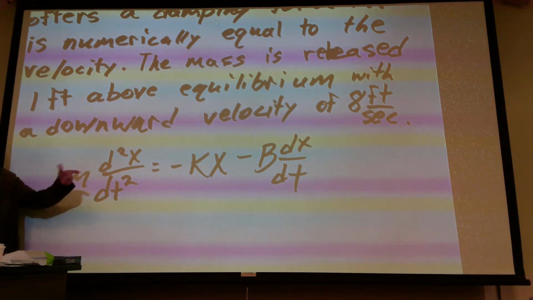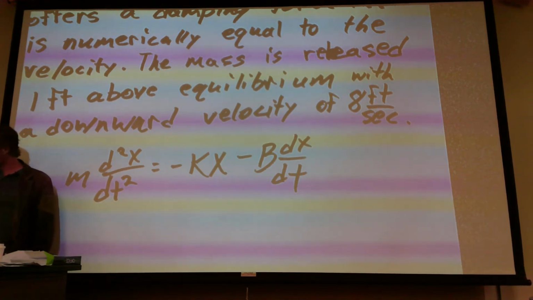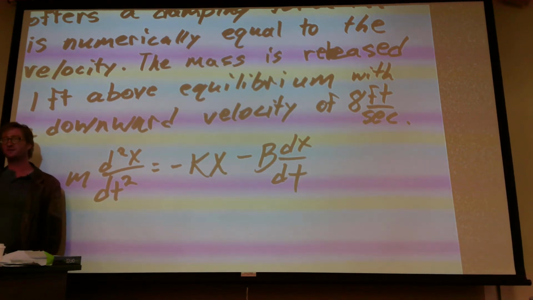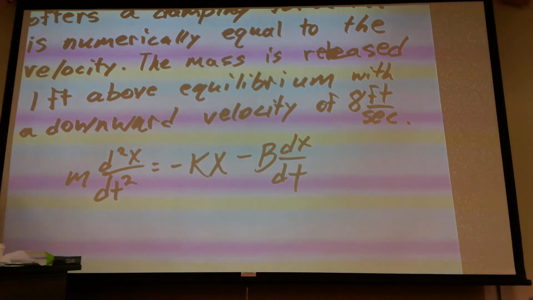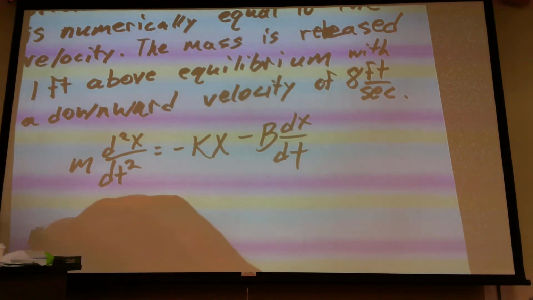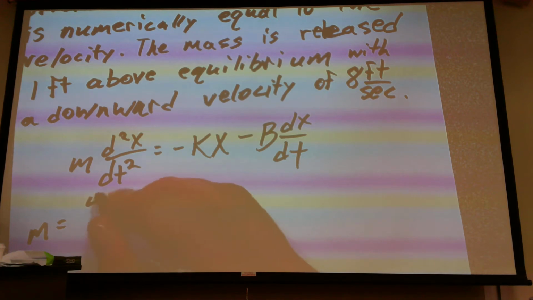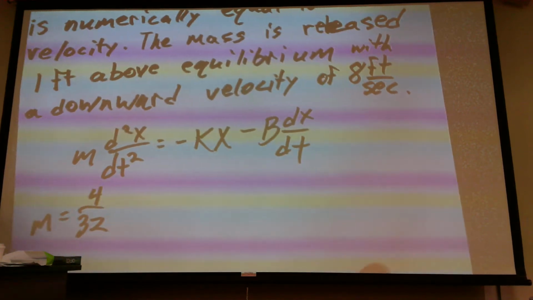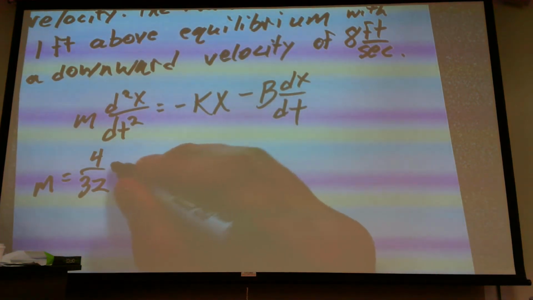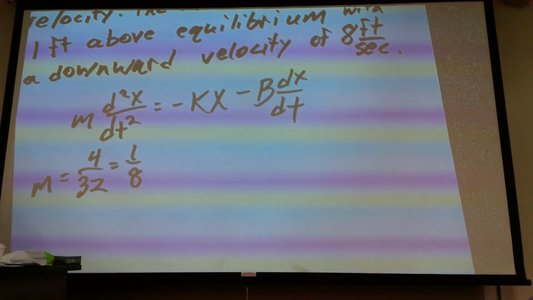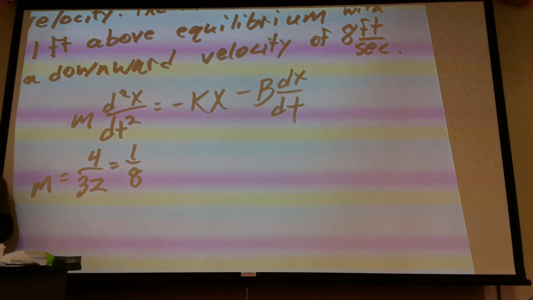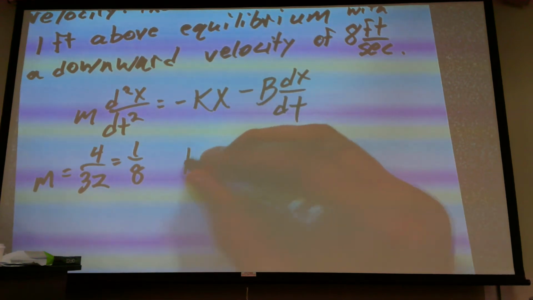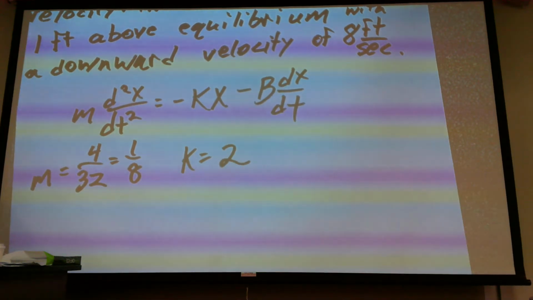So we need to find m, k, and beta, all right? So the mass weighs 4 pounds. Remember, this is going to be weight divided by gravity. So m is going to be 4 divided by 32, which is going to equal just 1 divided by 8. And so k, it actually gives us the spring constant. We don't have to find it. So k is going to be 2.